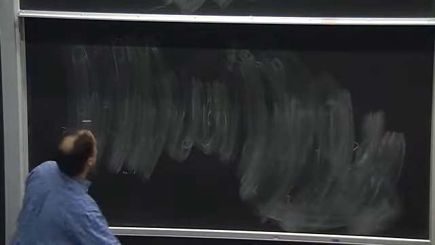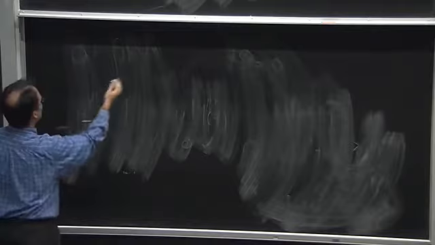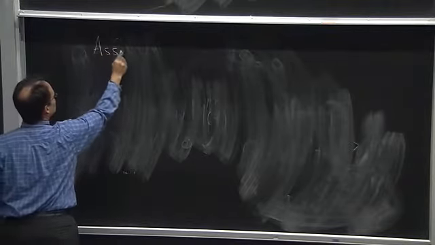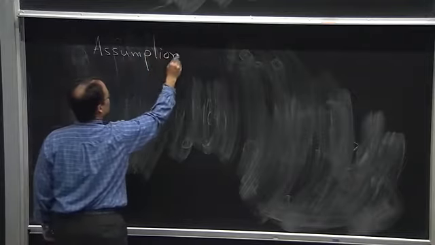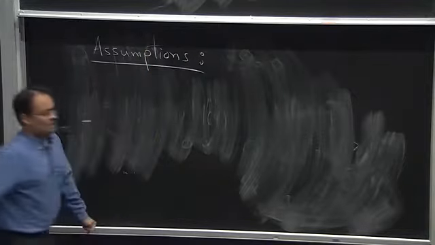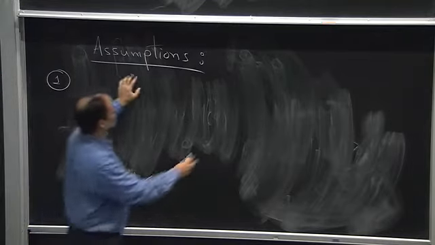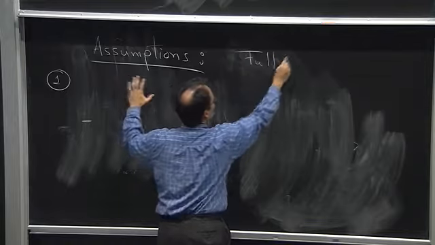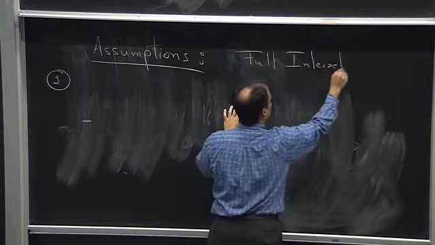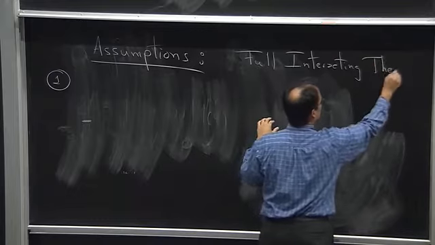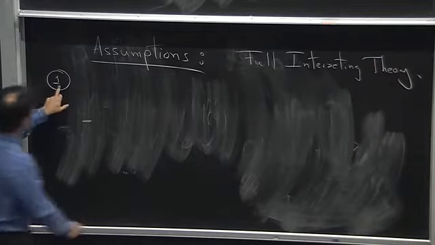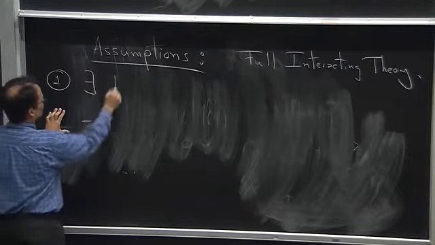Okay, so what do we need? We have to make some assumptions to start working with something, right? So let's make some assumptions. And if you're not happy with any of these assumptions, well, I'm sorry, but we cannot do anything. So the first one is that in the interacting theory, so these are assumptions about our full interacting theory, the first assumption is that there exists a Hilbert space.